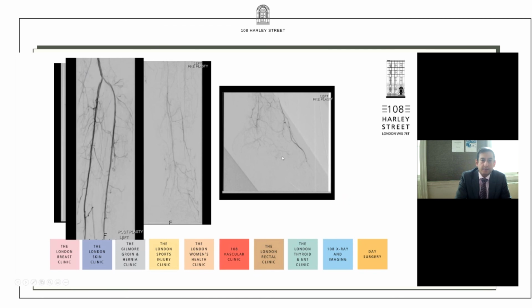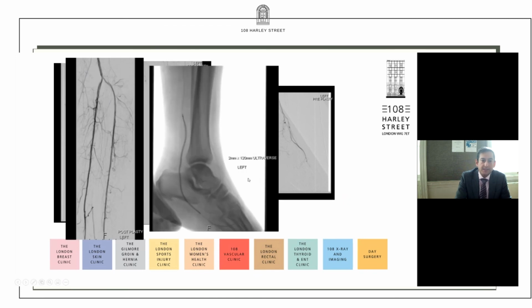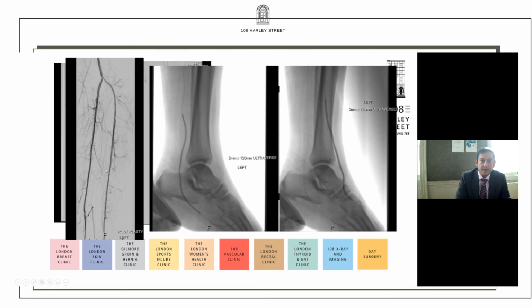So this patient underwent an angioplasty all the way down into the feet. As you can see, there is improved blood flow to the below the knee vessels, the trifurcation. We've gone in and plastied the posterior tibial artery here and the anterior tibial leading into the dorsalis pedis with a wire in the pedal arch.